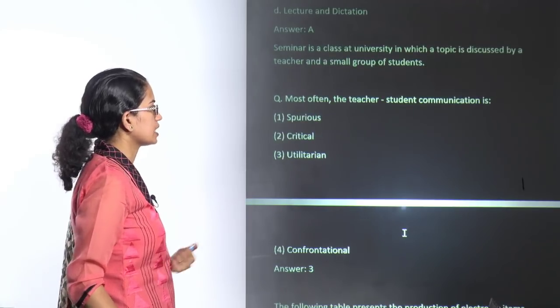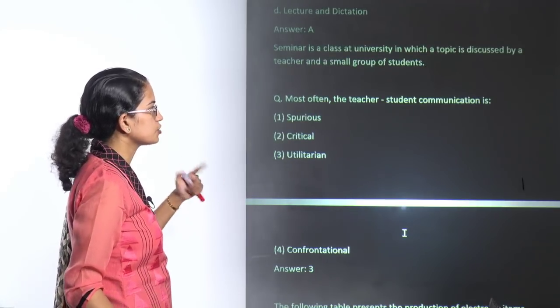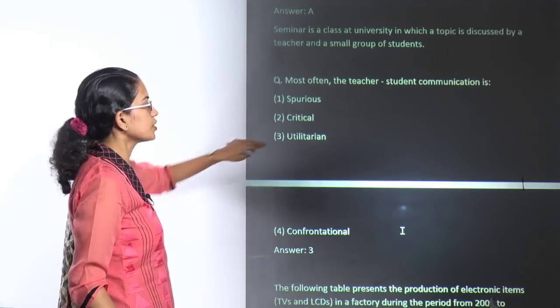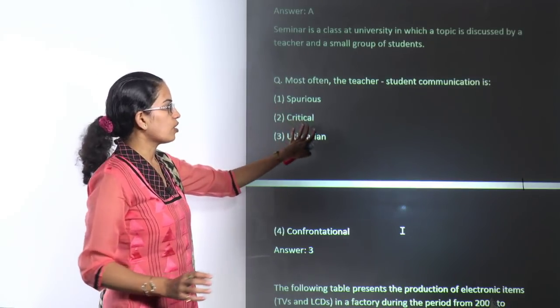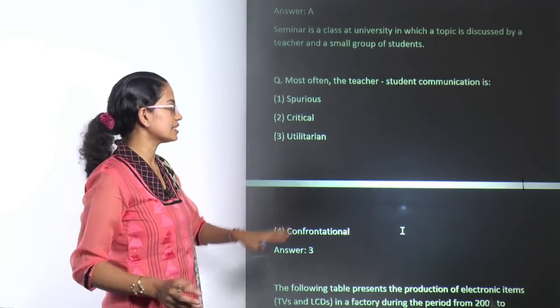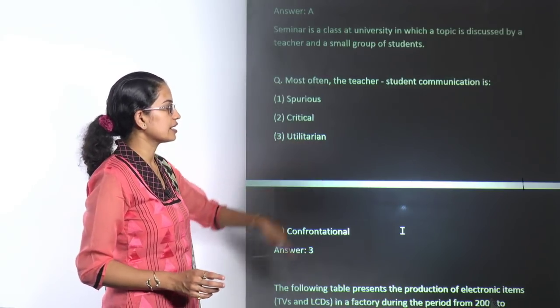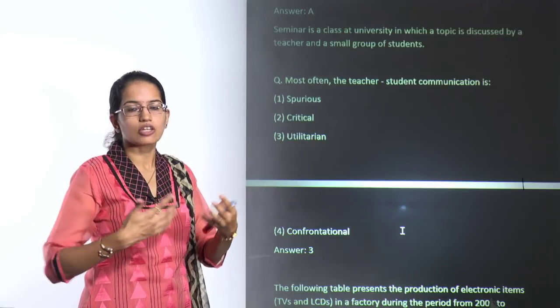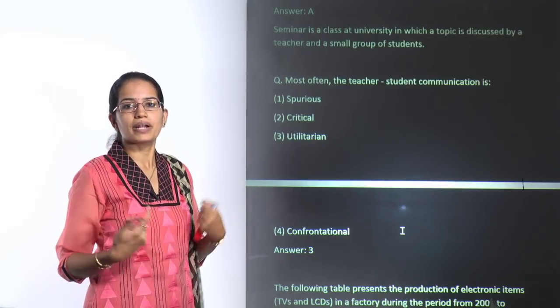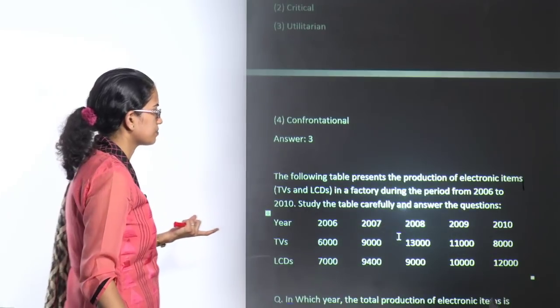The next question says, most often a teacher-student communication must be utilitarian. A spurious relation is not there. It's not always a kind of critical relation, but yes, it is a kind of utilitarian relationship where whatever is being exchanged, the knowledge is being exchanged, is properly utilized. So that's how we explain it.